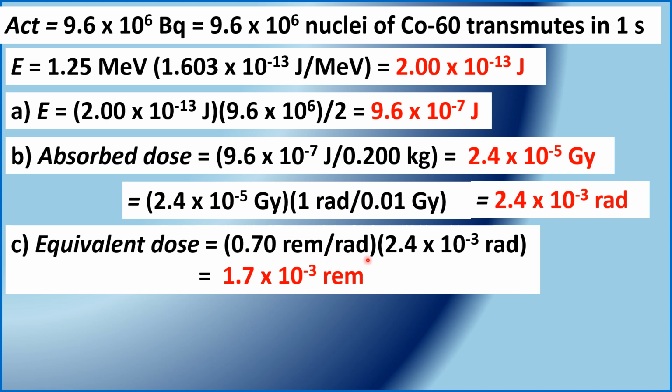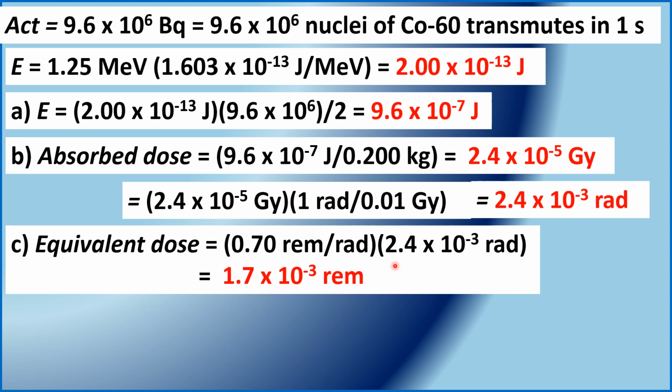So, equivalent dose, as earlier discussed, is just determined by multiplying this RBE by the given absorbed dose in rad. The unit for RBE here is rem per rad. So multiplying that by the absorbed dose in rad, the unit rad cancels, and we get this equivalent dose already in rem, which is equal to 1.7 raised to the negative 3 rem.